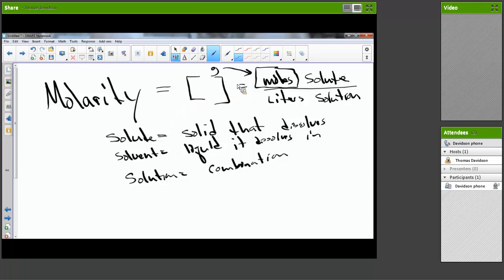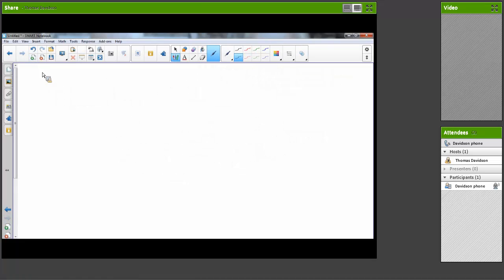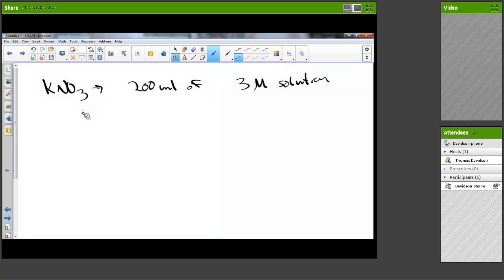We have molarity. It's moles of solute over liters of solution. And we've been using it when I've given you a concentration of KNO3, and I said you had 200 milliliters of a 3 molar solution. I think all of you now are comfortable with how to find moles from this. We've taken advantage of the fact that molarity is not just a capital M, it's a moles per liter.